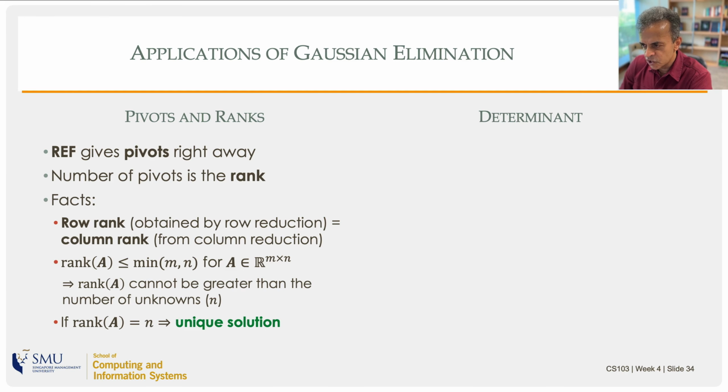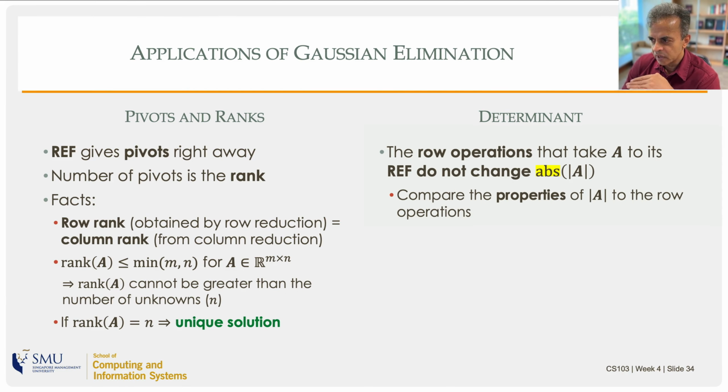Now, determinant, as we saw last week, is one number that can say a lot about the matrix. The row operations that we perform on A to get to its REF, there are three row operations. We are trying to use only the third one, which does not change the determinant. But if you have to use the first one, which would be swapping of the rows, then that does change the sign of the determinant.